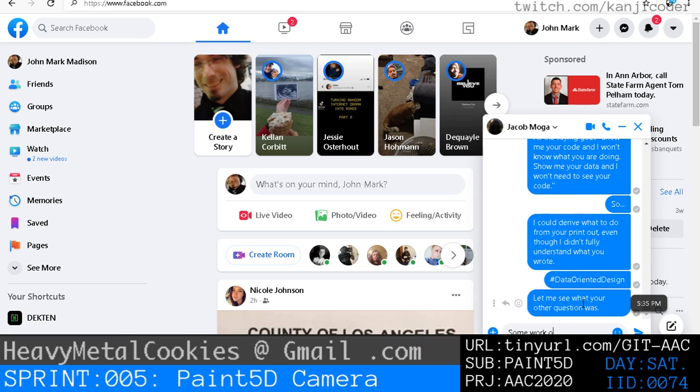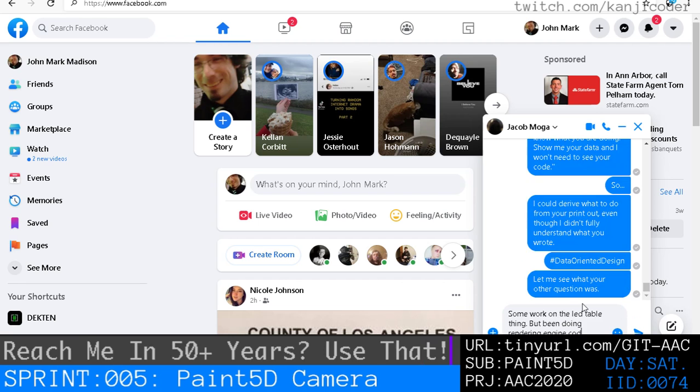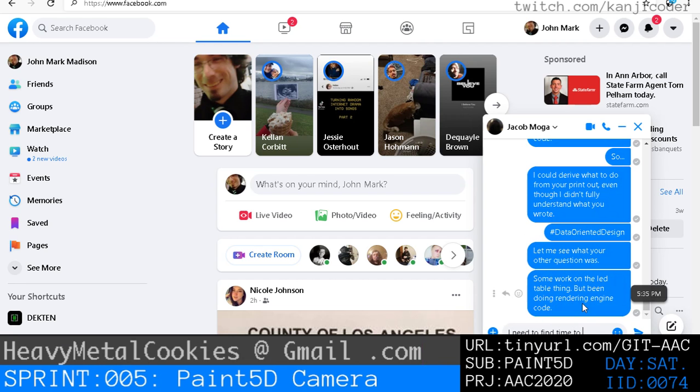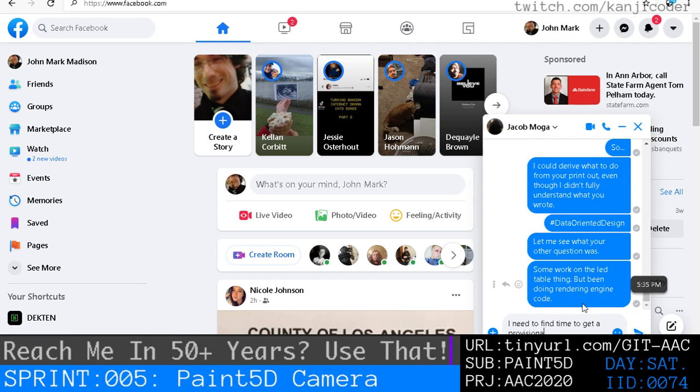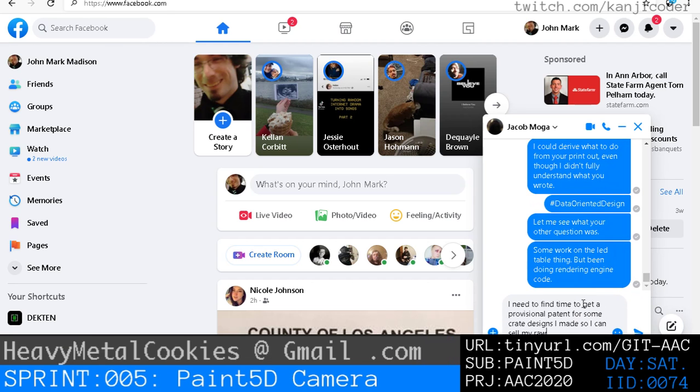Some work on the LED table thing, but then doing rendering engine code. I need to find time to get a provisional patent for some crate designs I made so I can sell my raw acrylic.